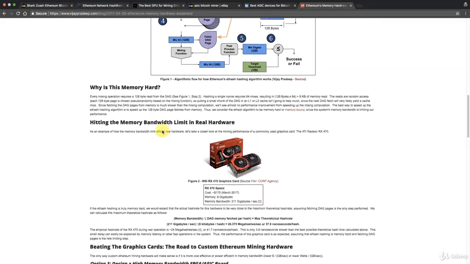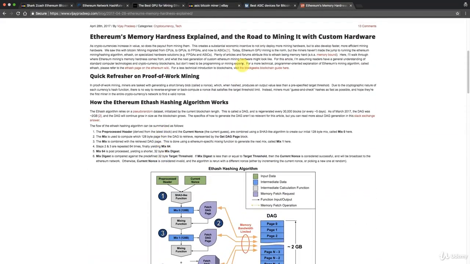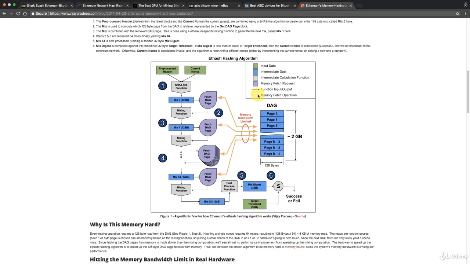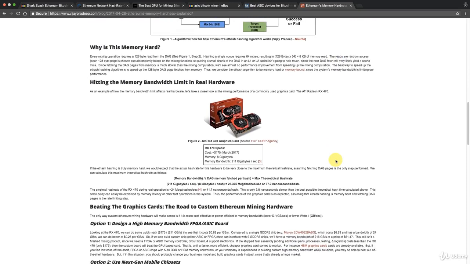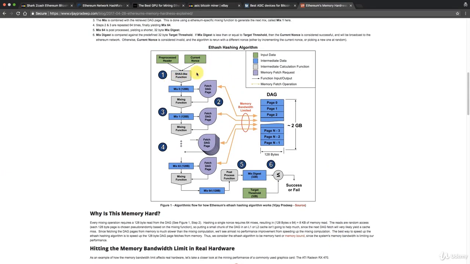It's not long, but it explains quite well why Ethereum is called a memory hard or memory bound type of hash: it has to access memory, this DAG file, in order to pull out the pages to calculate its hash, and that's where the bandwidth is limited.